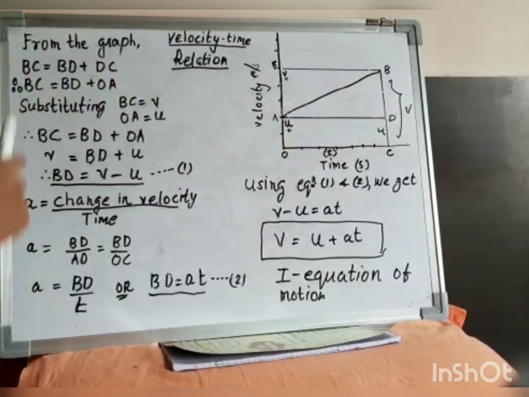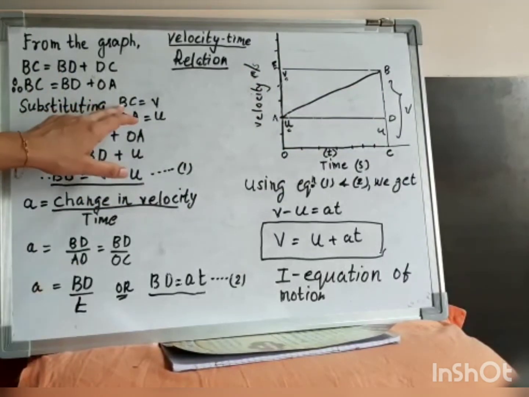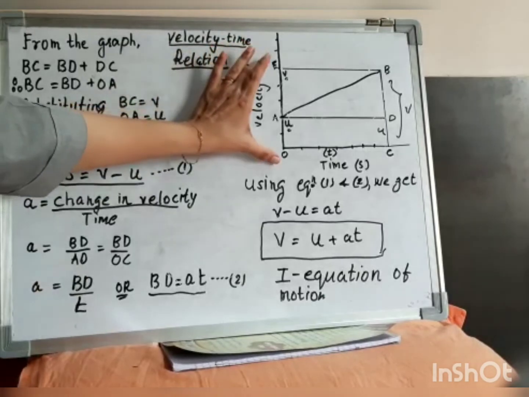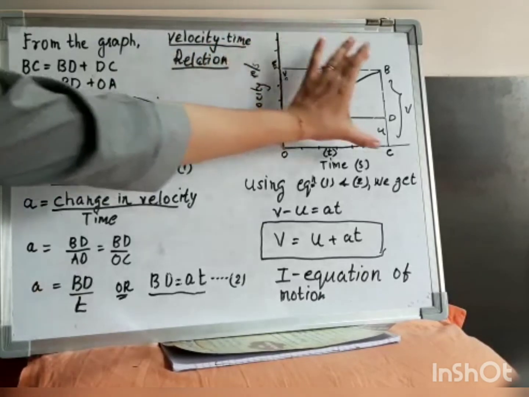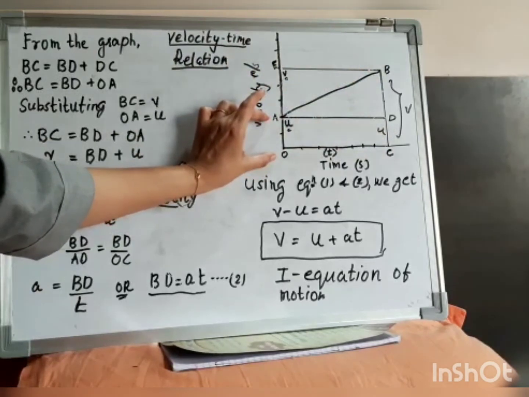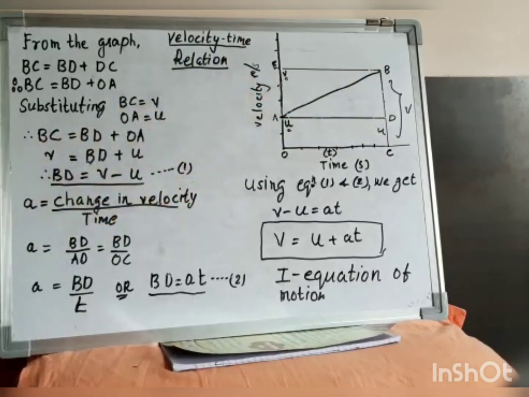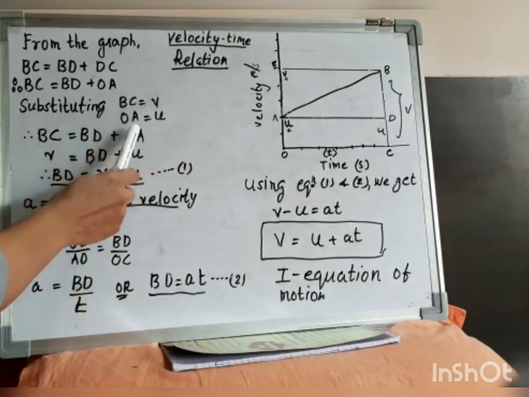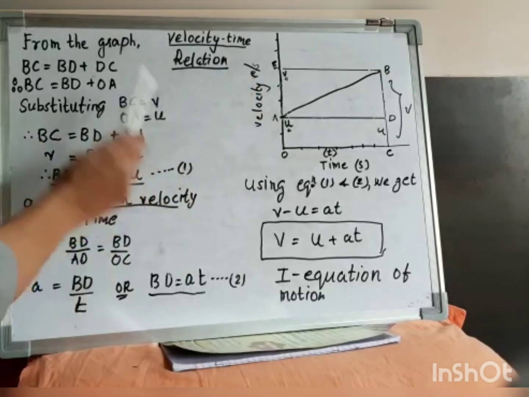Okay, so BC is equal to BD plus OA. Now substituting the values: BC is equal to v, as I told you, this is the final velocity v, and OA is equal to u.